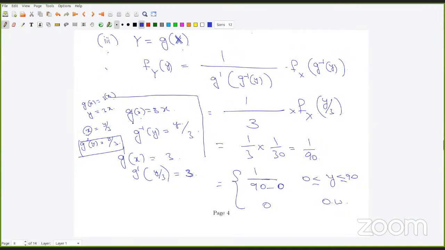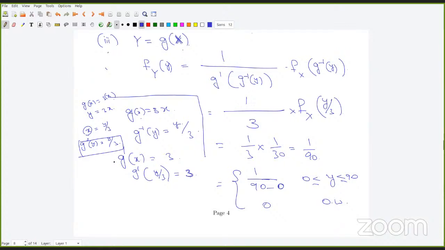See, it is given that g of x is 3x. So this is the function we have. What is the differentiation of this function? What is the g dash of x? It is 3, the derivative function. This particular 3 is independent of x. This is a constant function.